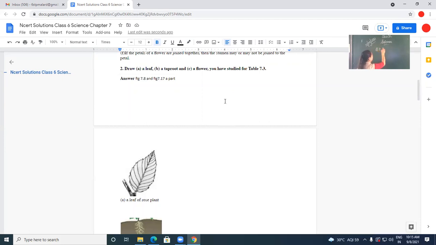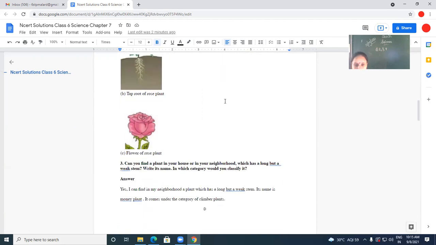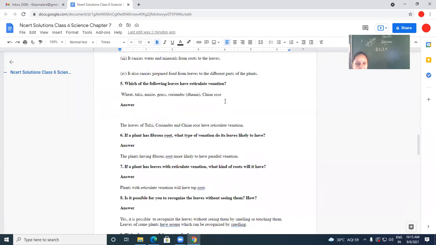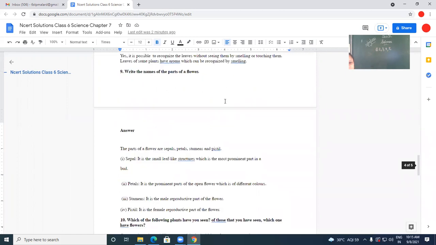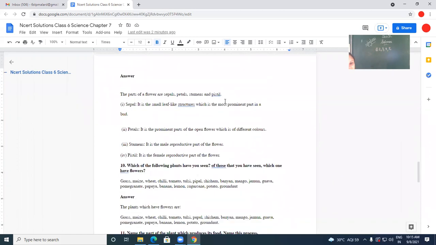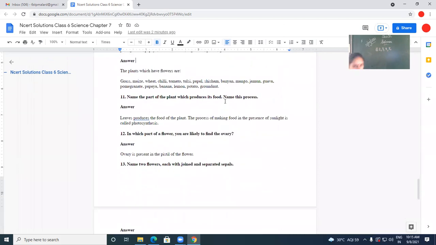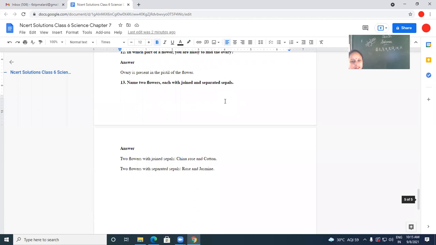You will do question number 3 also, and then question number 4. After that, question number 5, 6, 7 you will not do in your copy. Then the next ones that you will be doing will be question number 8, 9 and 10. Question number 11 also. That's it. Then 12th and 13th we will do only in the book.